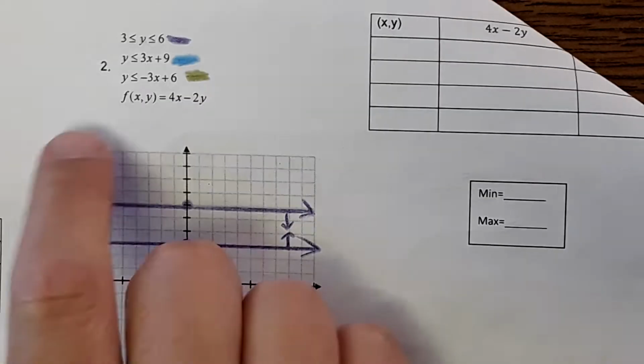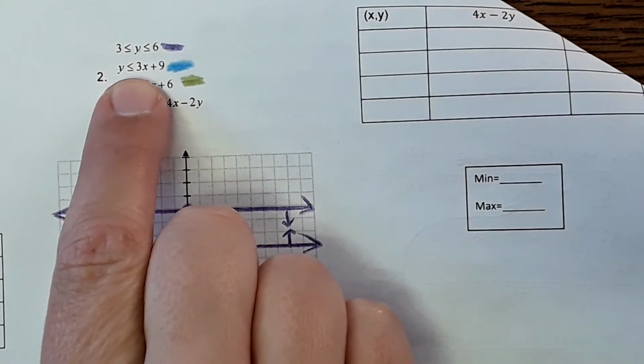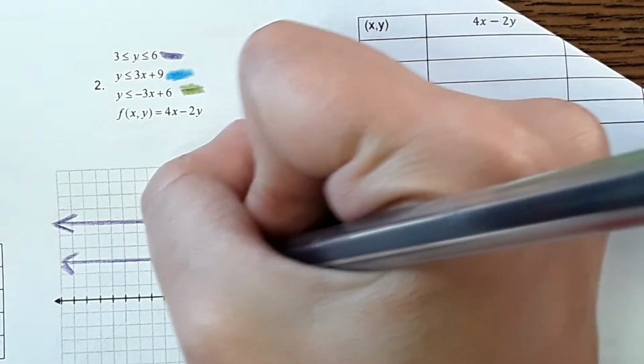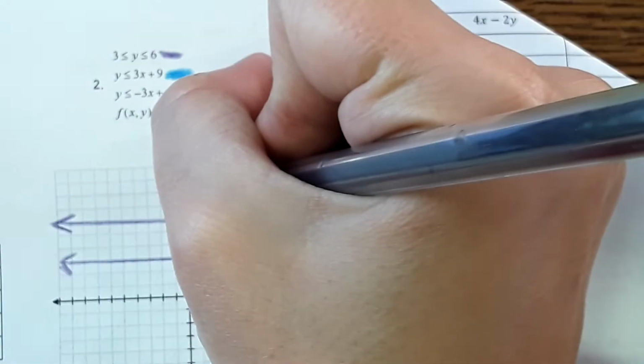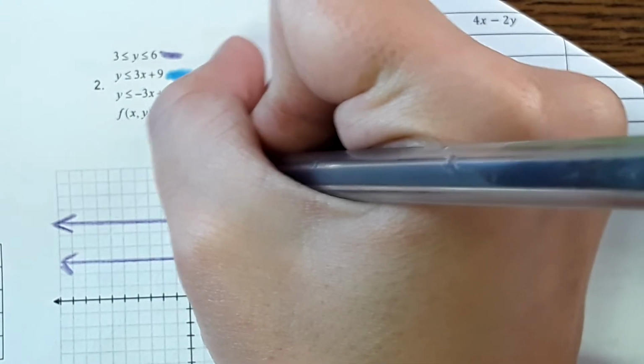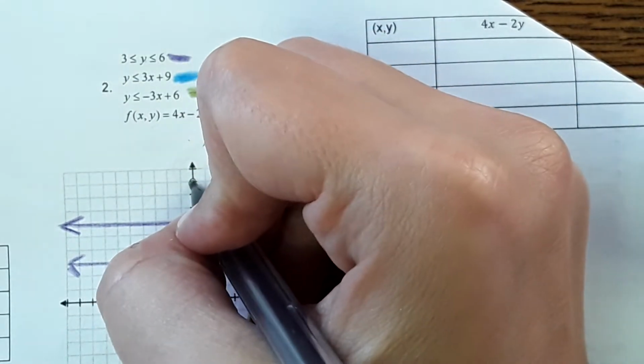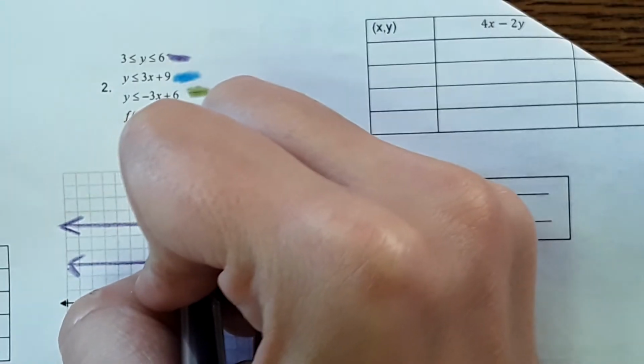Okay, and then for the second one, y is less than or equal to 3x plus 9. So I'm just going to start by graphing that. If I go up 3 over 1, it doesn't fit on the graph, so I'm going to go down 3 over 1.